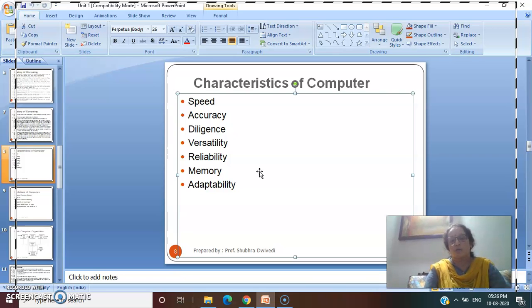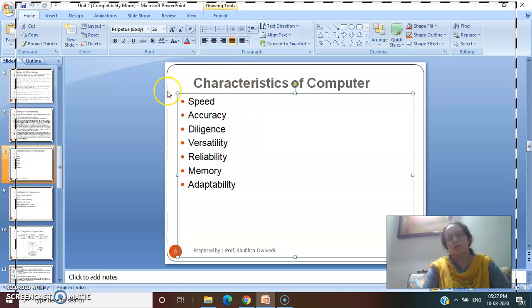Then only will the computer operate. The computer will not operate on its own. The computer operates on the demand of the user only. As the user demands, the computer operates. If the user demands to create any image, the user has to open Microsoft Paint, draw the image, and the image will be created, and wherever the user saves that image, the image will be saved.